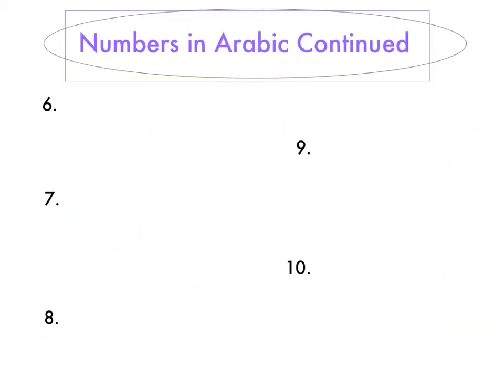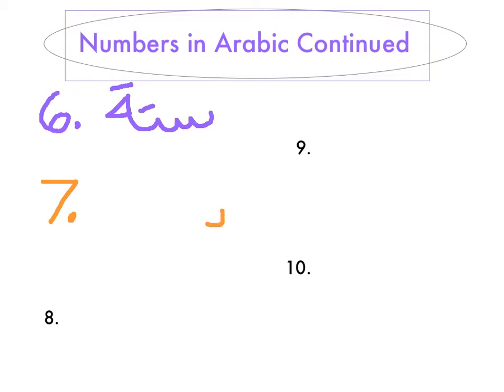Let's take a look at the names of the numbers 6 to 10. 6 is ستة. Number 7 is سبعة.